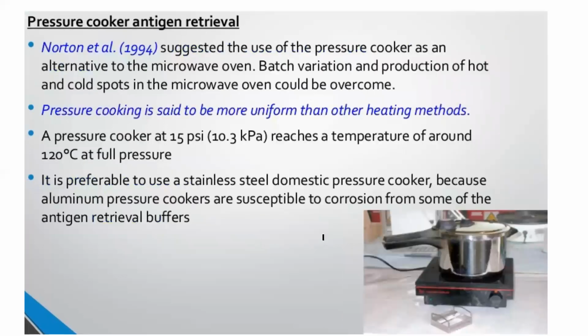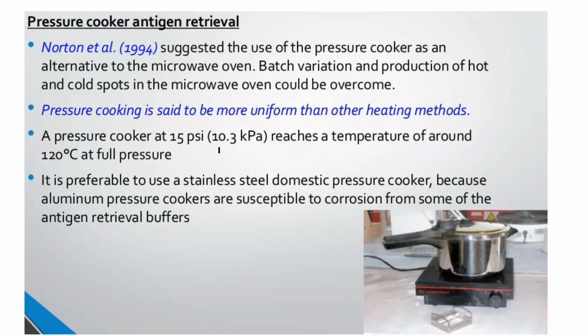Then we opted for a second approach, which is the pressure cooker approach. Here we are using pressure cookers as an ideal thing, just like an autoclave. We need to maintain a pressure of 15 psi at 120 degrees centigrade, and the proteins will unfold and be subjected to pH variations to get the refolding of proteins. So this is a pressure cooker, but the pressure cooker has its own disadvantages.